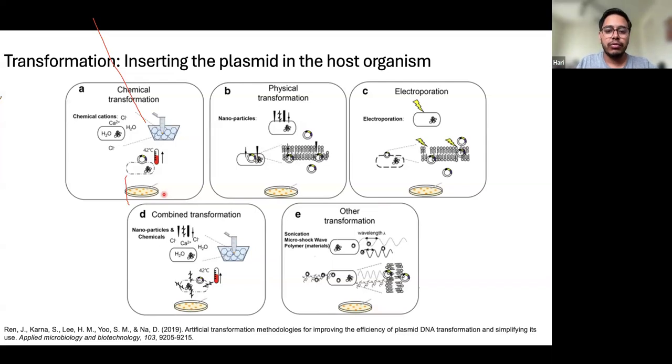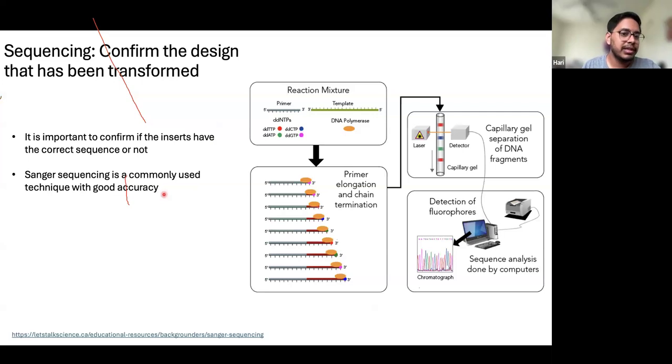If we see the cells growing on the plates even when we added the antibiotics, that could mean that our plasmid has entered the cell and the cells have accepted it. But it still does not confirm whether the plasmid inside the cell has the correct sequence that we want. So for that, we extract the plasmids and do sequencing on them.